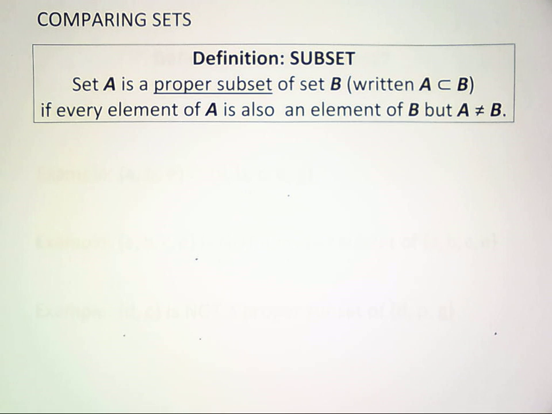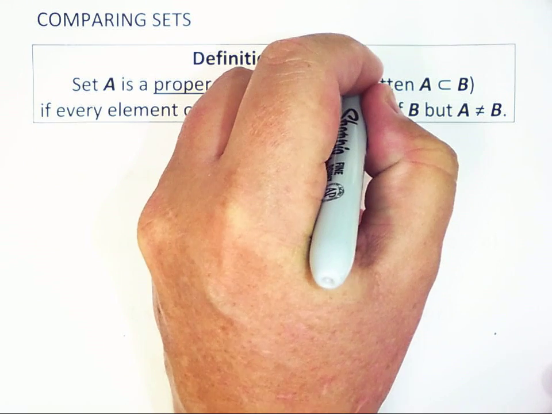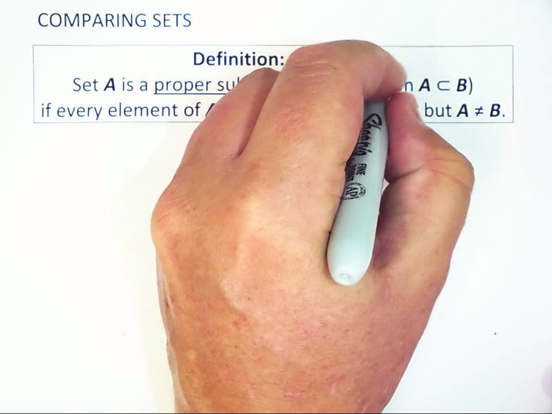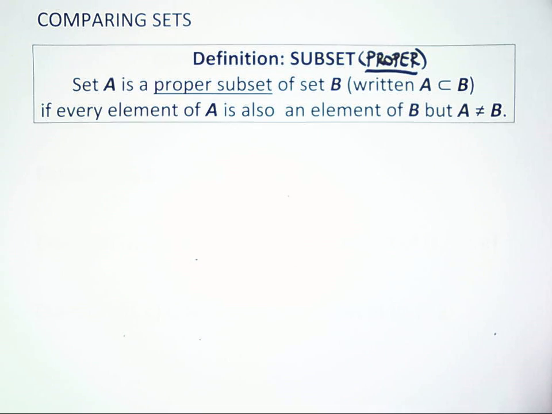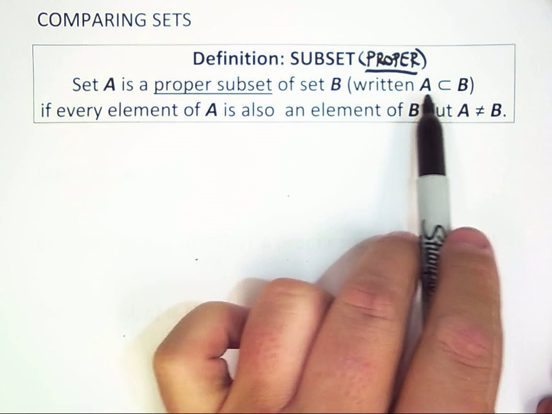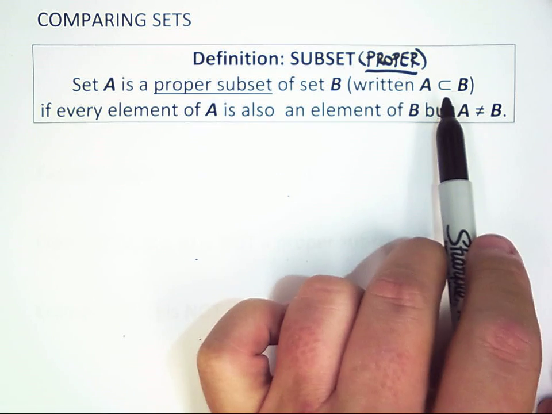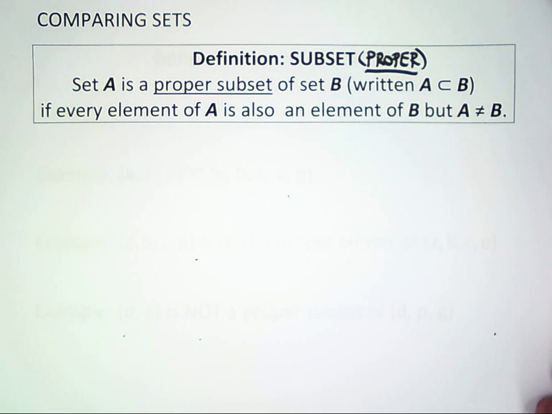There's a closely related term called proper subset. I need to emphasize that word, proper subset. A set A is a proper subset of set B, and you write it the same as for a regular subset, except there's no horizontal line which stands for the equal to part.